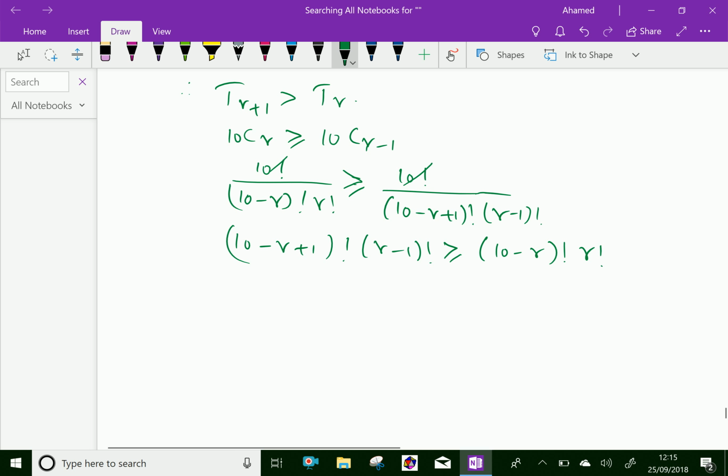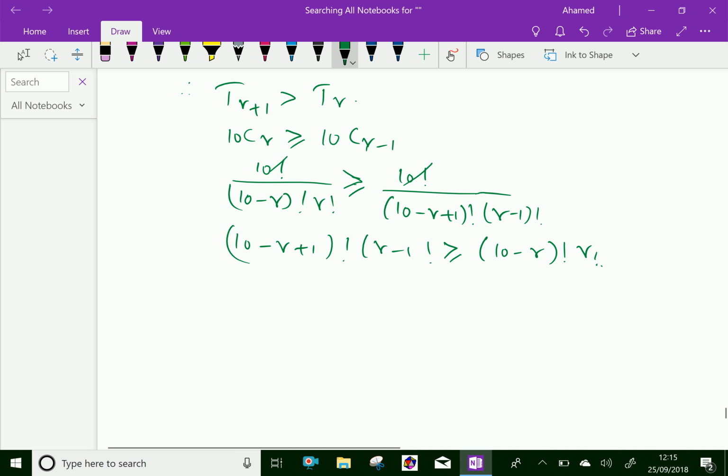So both sides have (r minus 1) factorial, which we can cancel.